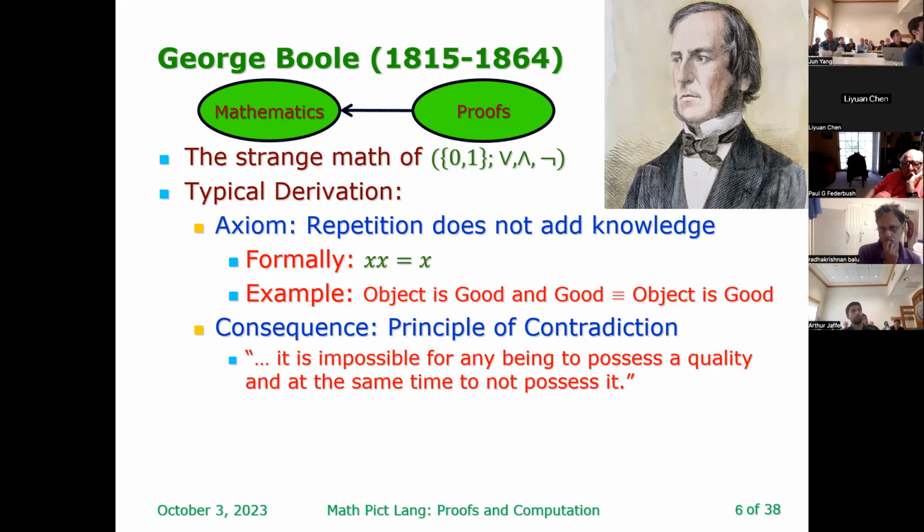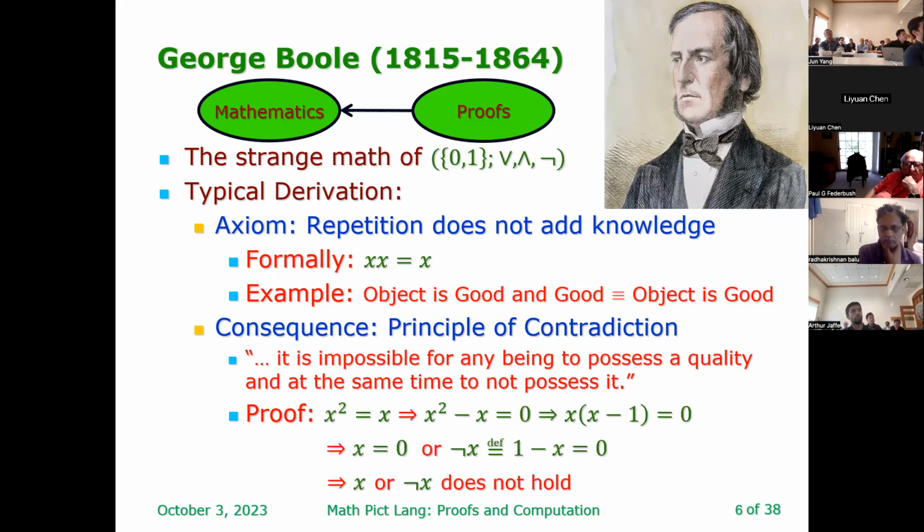But anyway, he has this very interesting thing: you can apply math to do some logic. For example, if you believe that repetition of a sentence does not add to the knowledge, then as a consequence you get the principle of contradiction, saying that at the same time a statement and its negation cannot both be true. And he does this by doing a sequence of steps; here's the kind of logic that you see in that book.